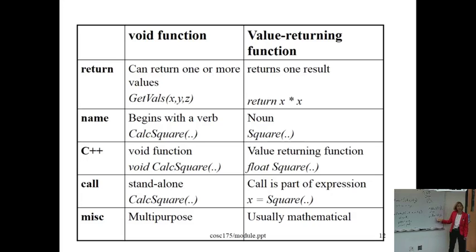Okay? Now the other option is to include it inside an expression. So the advantage is, I can plug this function just like a mathematical function right inside an equation. Okay? And the answer will go right here, add b, and then store the result in y. So I didn't have to do 2 steps. I didn't have to call it, put it somewhere, and then use it. So this is an example of using it.